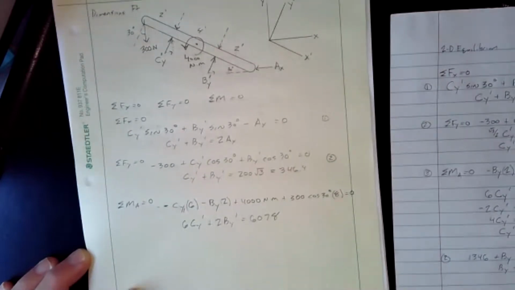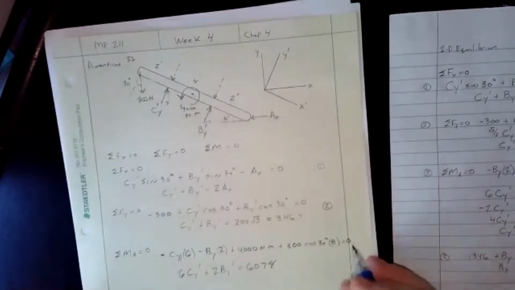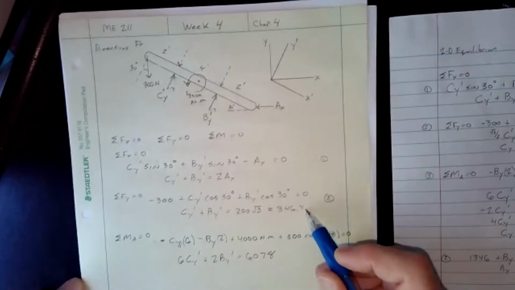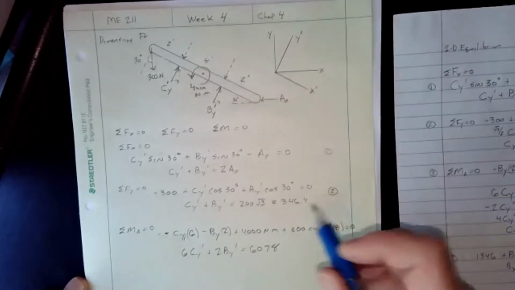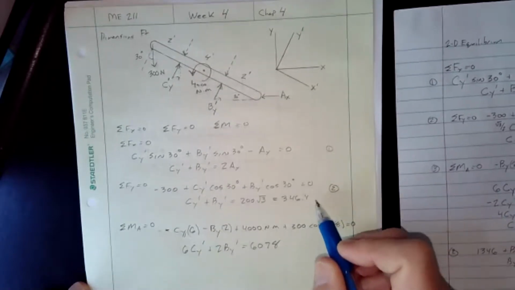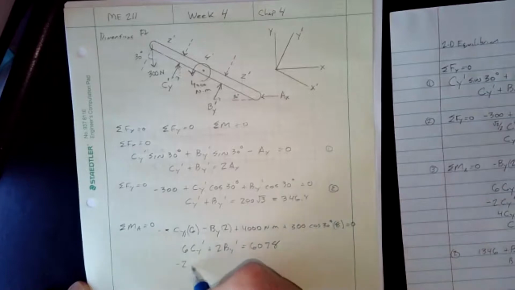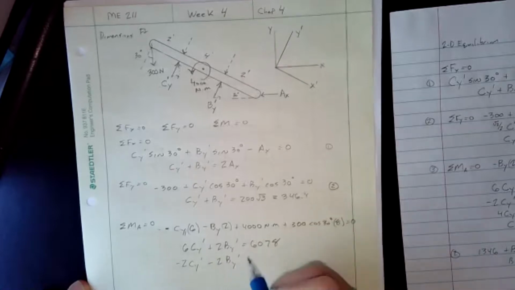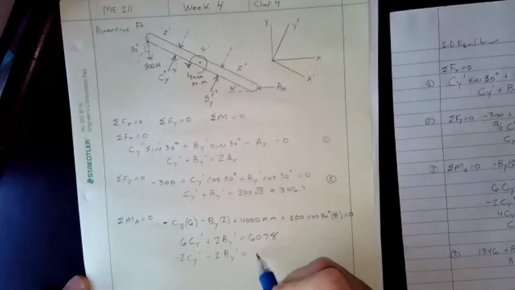So what I'm going to do then is take this equation up here and multiply that by a -2. So if I multiply this by a -2, I end up with -2 Cy prime minus 2 By prime, and that equals -400 root 3.